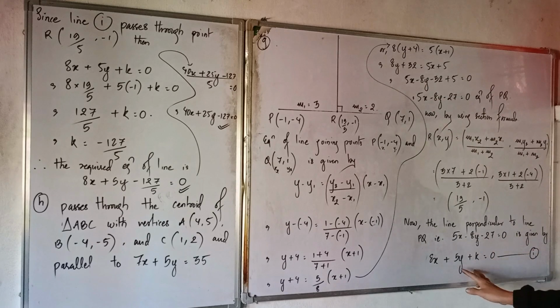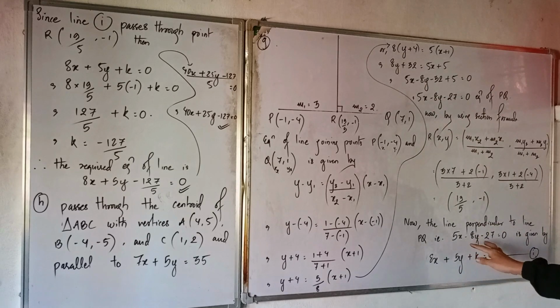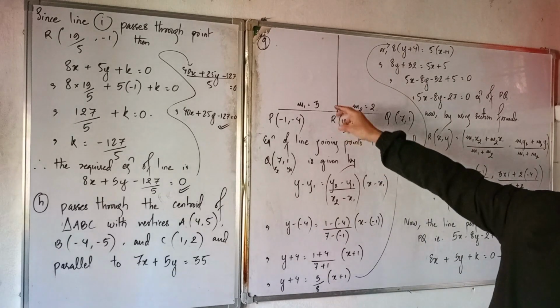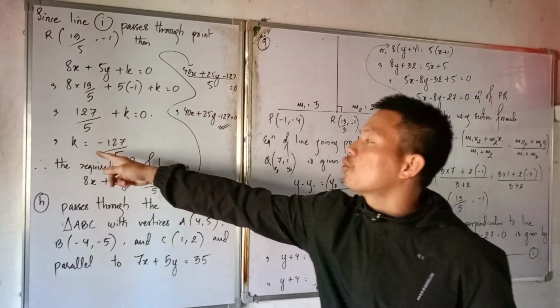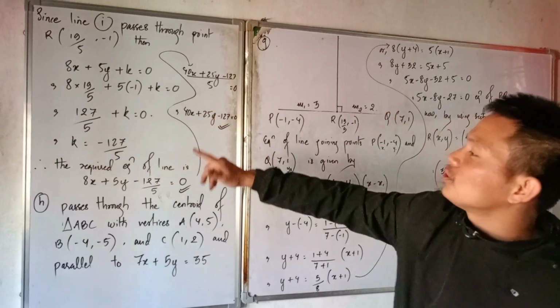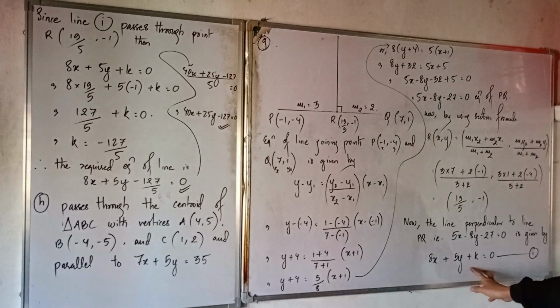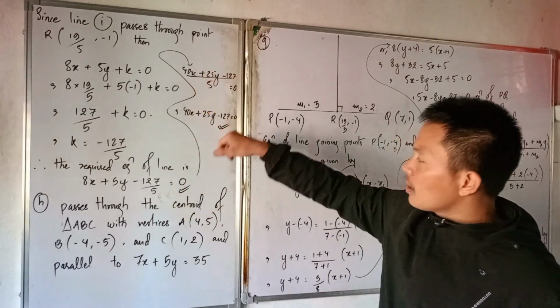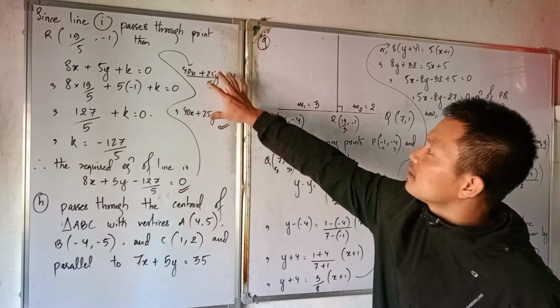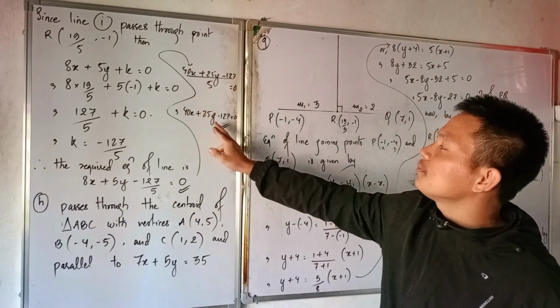After supposing the line perpendicular to this line, since this line passes through this point, substitute the value of that point and you will get the value of k, and just substitute the value of k in these equations, you will get this equation. You can leave it here. On further simplification, by taking 5 LCM, you will get this.